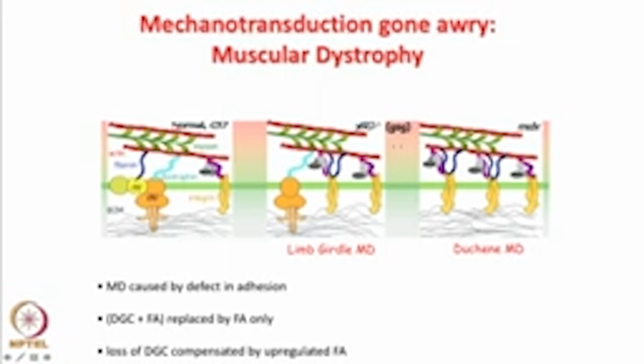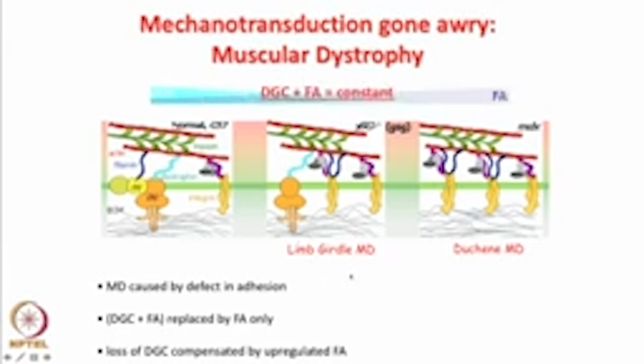So, this is a much milder form of dystrophy, but if you look at the number of integrin connections to the cytoskeleton, you would appreciate that the way the schematic has been drawn, there are more of these integrin connections which link the outside to the inside in this case, and maximally in this MDX case, suggesting the possibility that this is maybe a compensatory response employed by the cell.